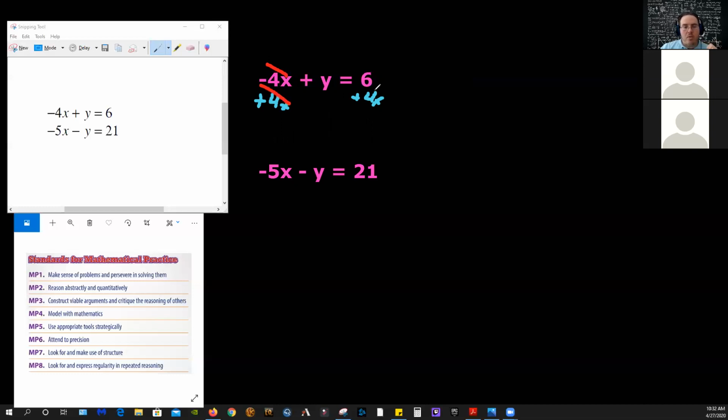Then you got y equals 6 plus 4x, but that's what we want. Now we've got y equals 4x plus 6. So that is the first mini step of this problem.